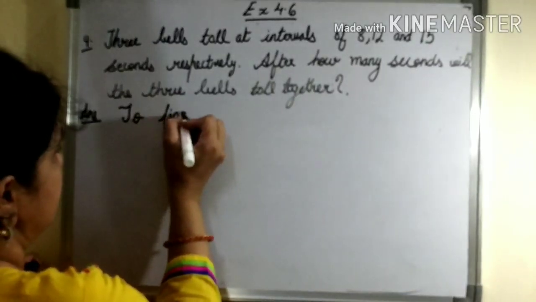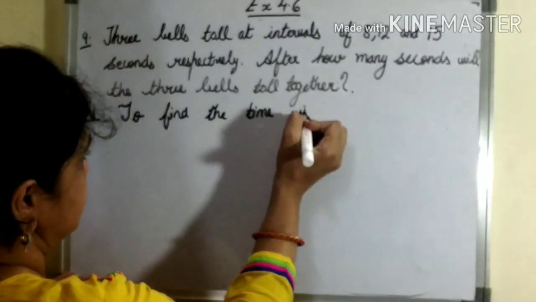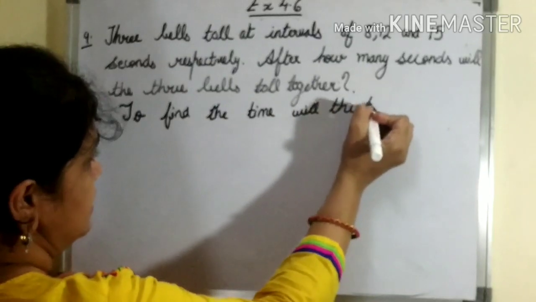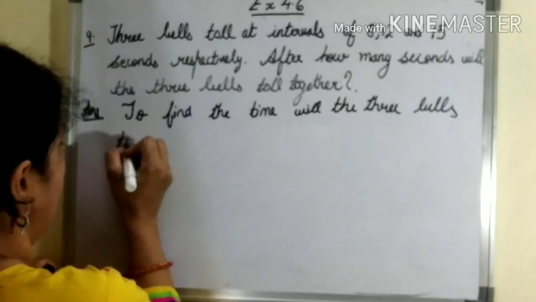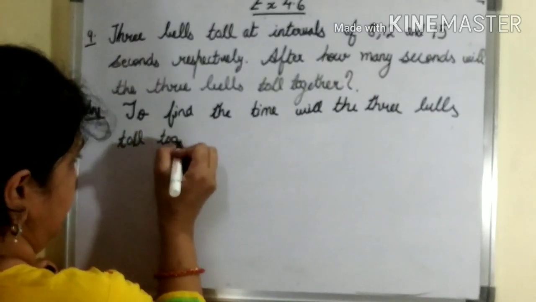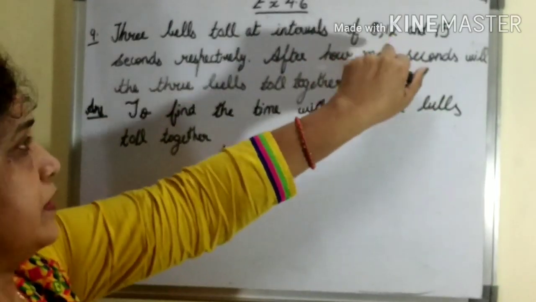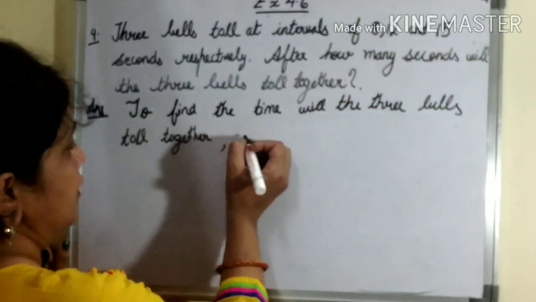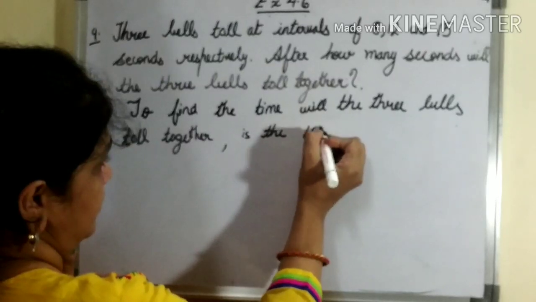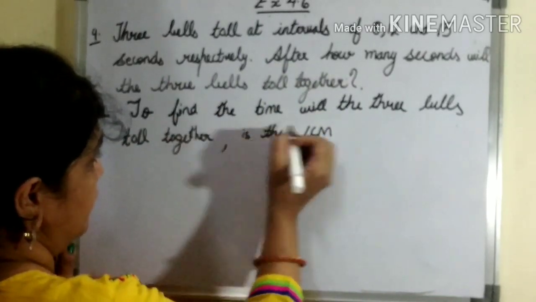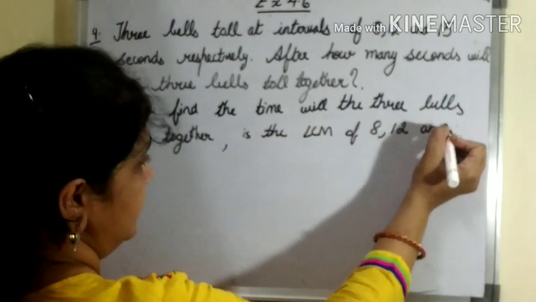To find the time when the 3 bells toll together, it will be the least common multiple of these 3, that means the LCM of 8, 12 and 15.